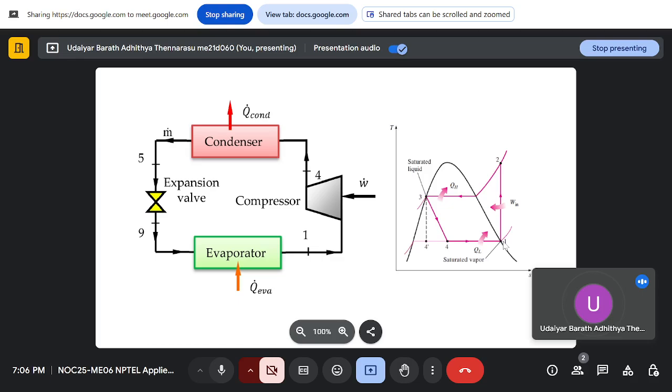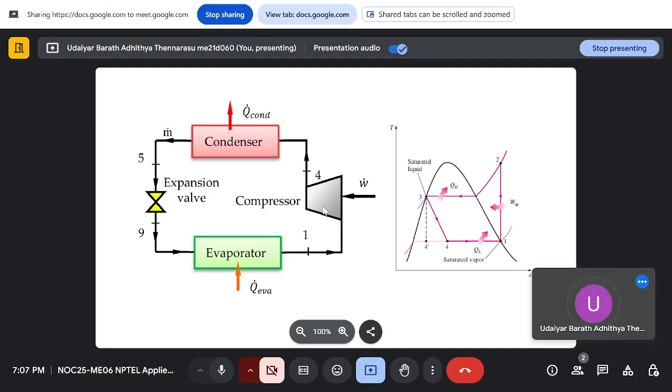Ideally we want it to be in vapor form when it enters the compressor. To give you an example, in your rooms around, you have air conditioners, the split air conditioner. The condenser and compressor will be outside the box, which you are keeping outside. That is your condensing unit.